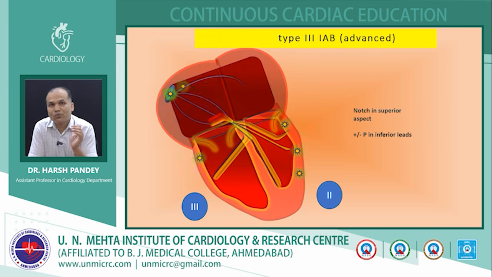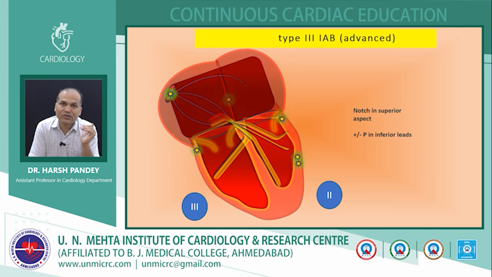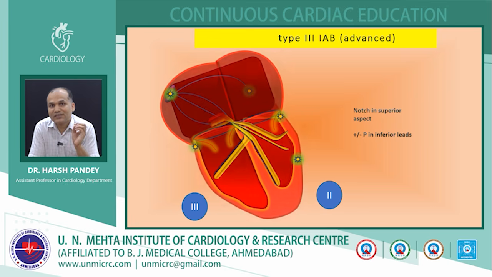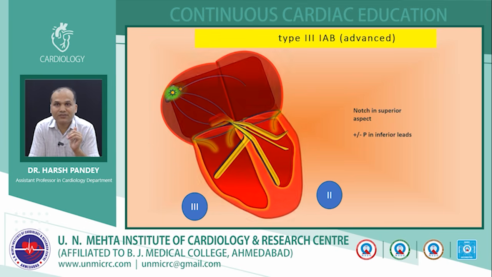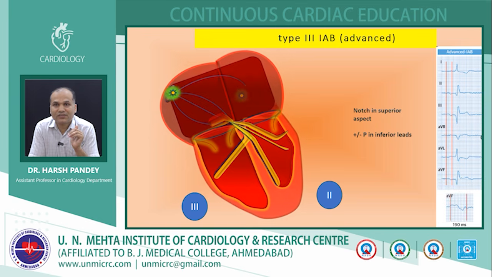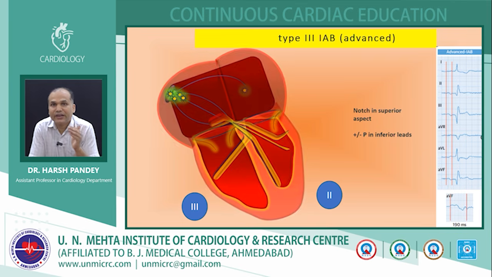Because initially it goes down, the inferior leads will show a positive complex, and subsequently a negative complex. So in advanced interatrial block, there will be a notch in the inferior leads in terms of positive and negative appearance. Here the P wave duration is 190 millisecond, and there is a notch in the inferior leads with positive and negative waveforms.